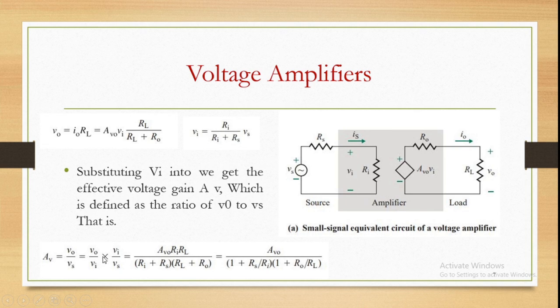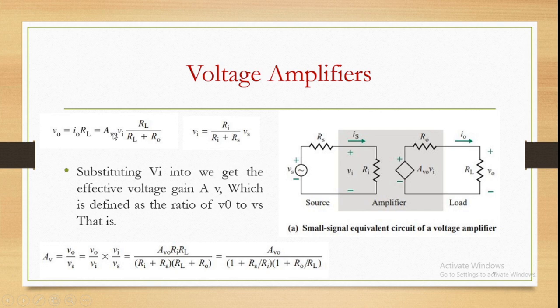That is V0 divided by Vi into Vi divided by Vs. Vo contains a Vi, so this Vi and the denominator Vi get cancelled. In the next term, the Vi formula contains Vs, and the denominator Vs gets cancelled.